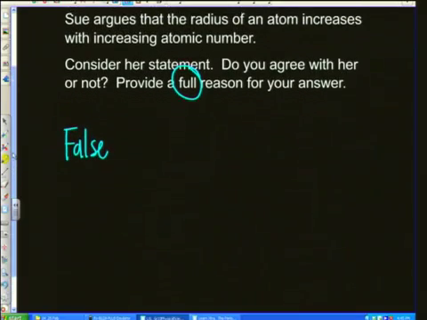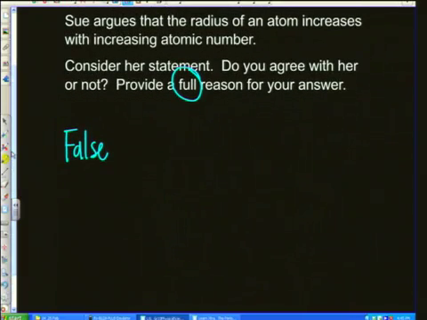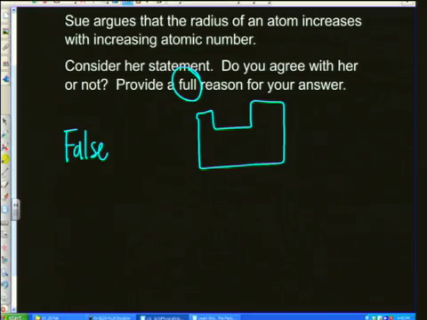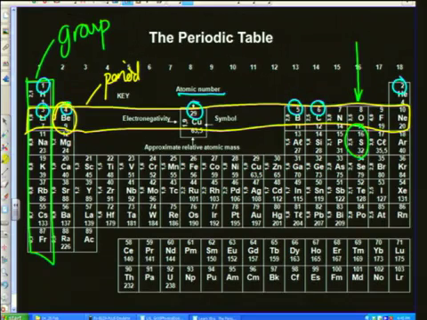Well, as you're going along, I'm literally going to just sketch a quick periodic table here. As you're going across the periodic table, yes, you are actually increasing in atomic number. Have a look at those numbers: 3, 4, 5, 6, 7, 8. Atomic number is increasing.